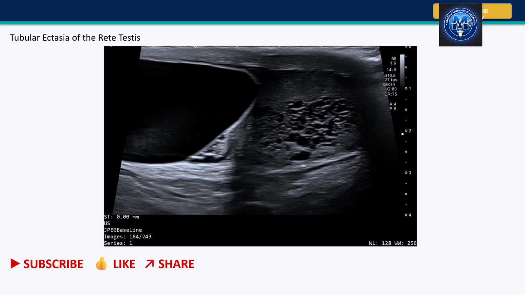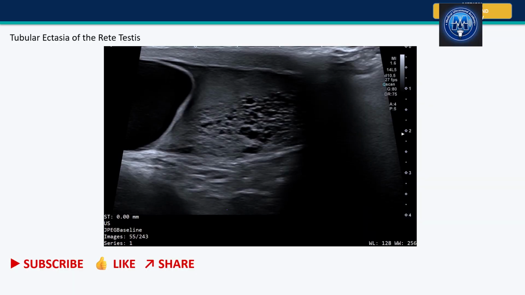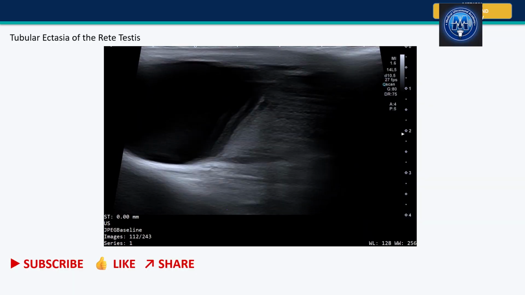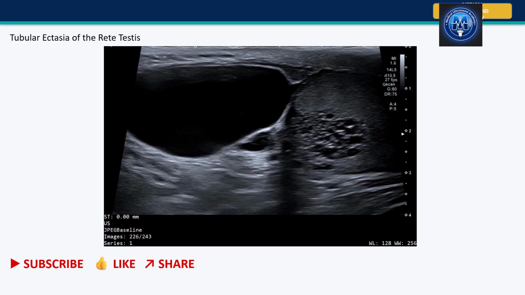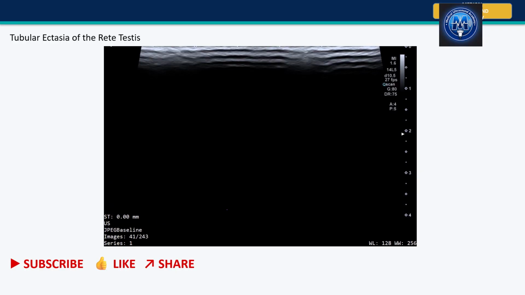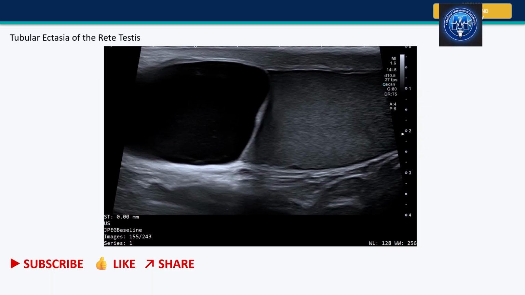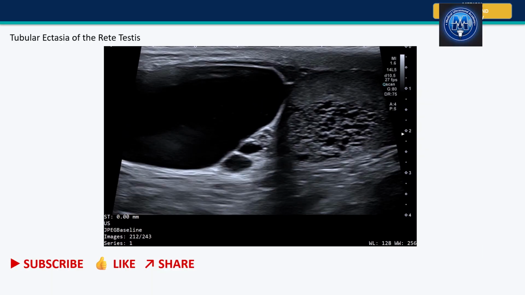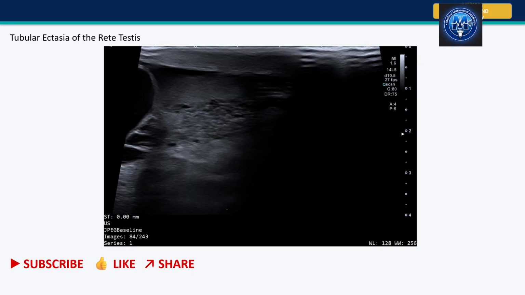Besides this hydrocele, the referring clinician was thinking that maybe it's a hernia, a scrotal hernia. But on a good note, that's not a hernia, it's only a localized hydrocele, as you can see.